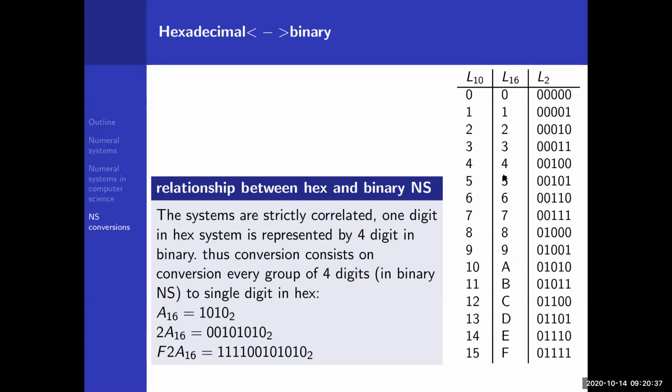In fact we have 16 characters, which correspond to values from 0 up to 15. So are you able to catch a correspondence between hexadecimal and binary system based on this table?